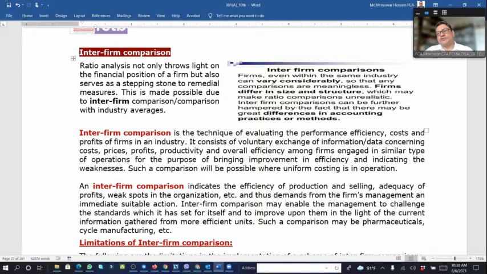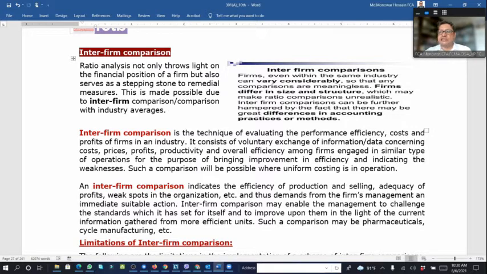So company A and company B do not have their entity, do not have the existence. A new company arrives, company AB Limited or company C Limited.